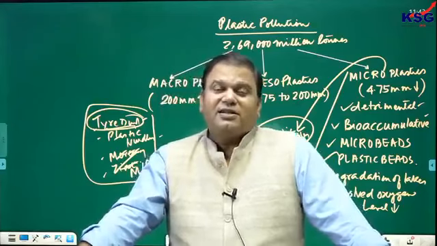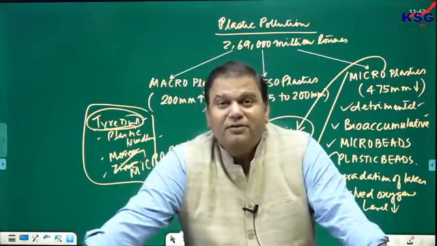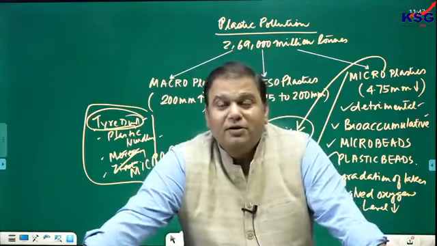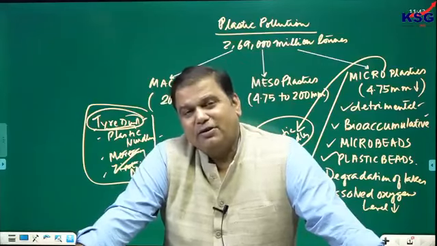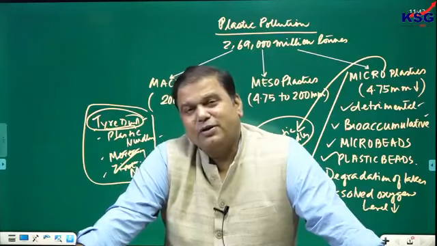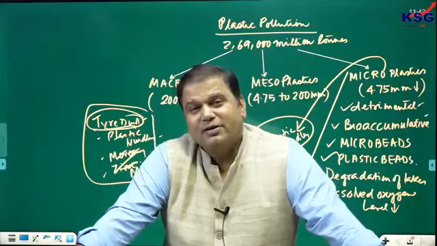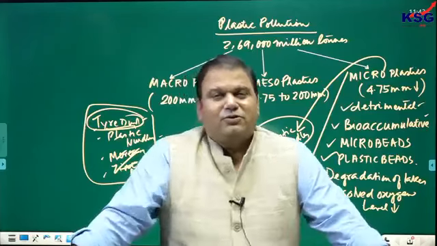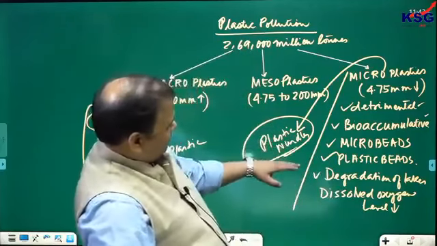And the third concern is they are made up of polystyrene, polypropylene, polyethylene, polyvinyl chloride. And all these are nothing but chemicals through which they are made. So it happens to be a concern in this manner. Clear? So this is your microbeads degradation.